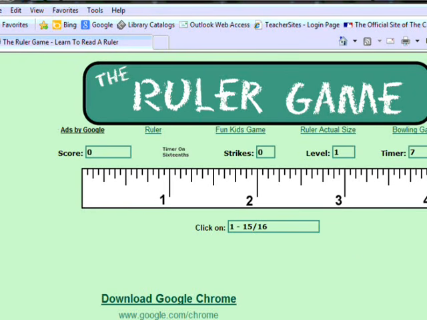You have to tap on, now you would use your mouse at home, you would have to find 1 5/16 as quickly as you could. So I got that one right. 2 7/8, you would have to find that. 2 7/8 would be right there. 15/16, I'll get one wrong. Now I know this is 8/16. You get 3 strikes. So this is a really fun game to practice your ruler skills, and it's called the Ruler Game. So that's how you read a ruler to the 16th of an inch.